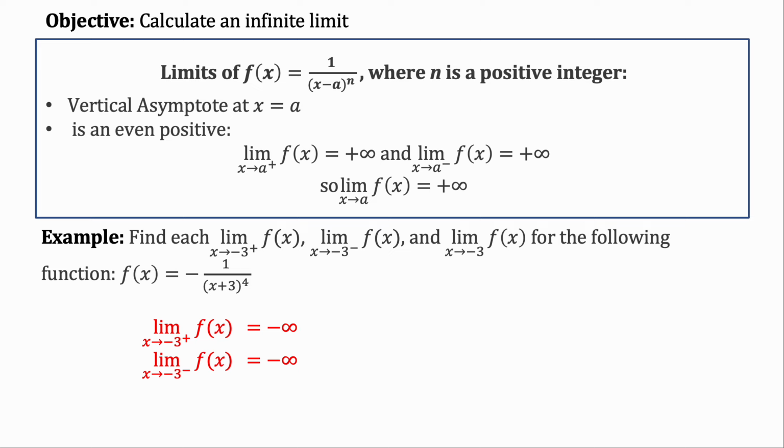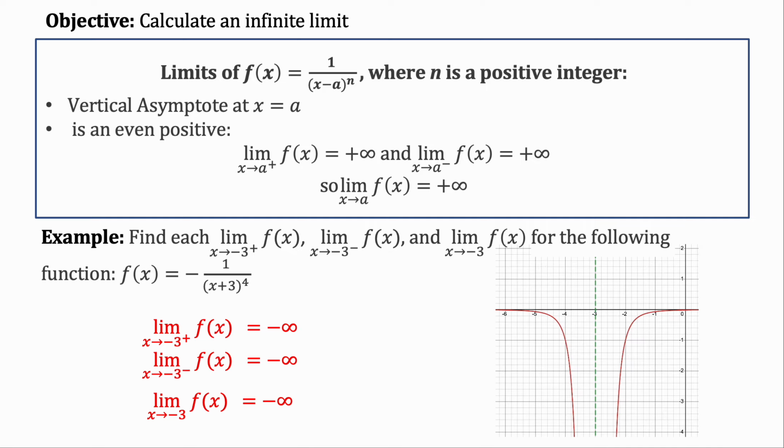That means we can give an answer: the limit as x approaches negative 3 of our function is negative infinity. You should be able to see that in the graph if you have a way to graph it, or if you know how to graph it. As we approach that vertical asymptote at negative 3, we are going down on both sides.